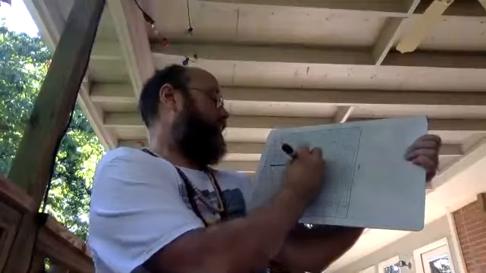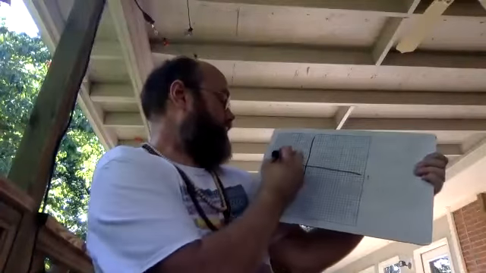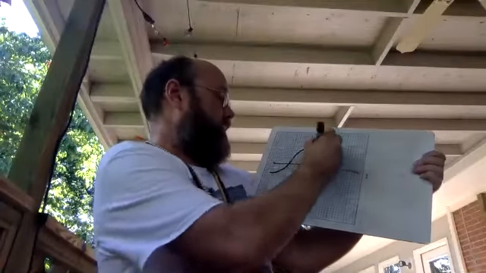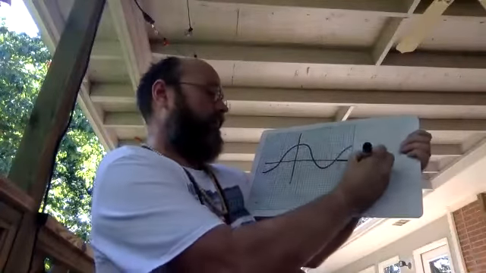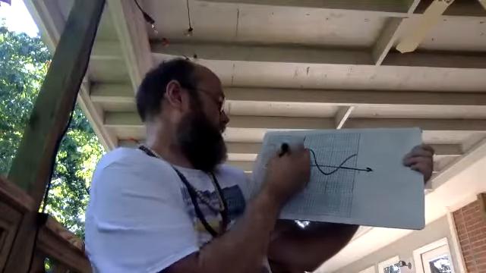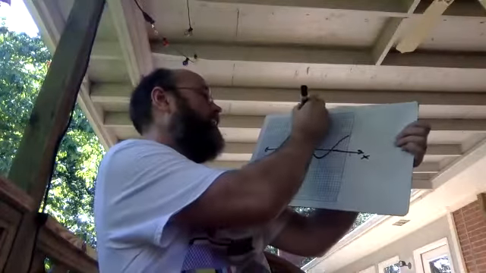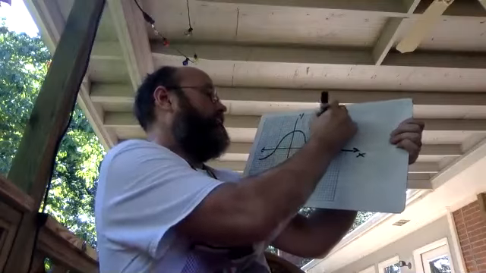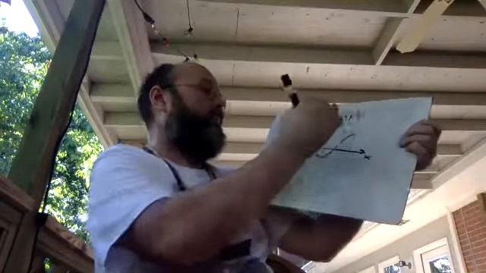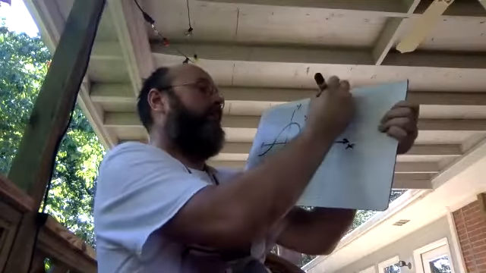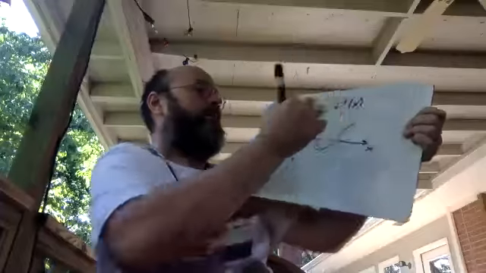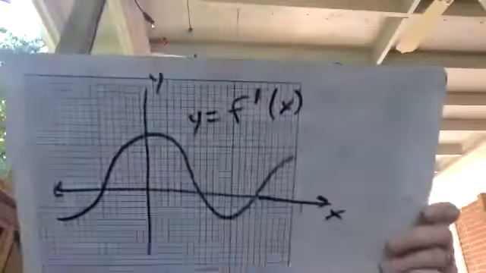Now, in the case of a problem like the one that we were looking at in our homework, I'm just going to draw a graph. This is the graph of the derivative of a function.